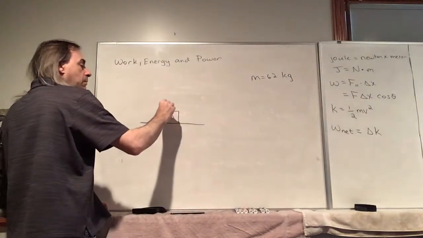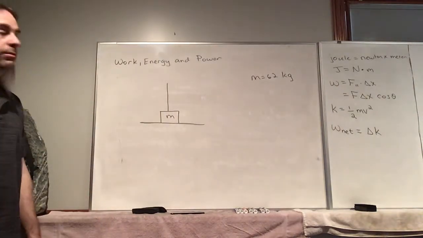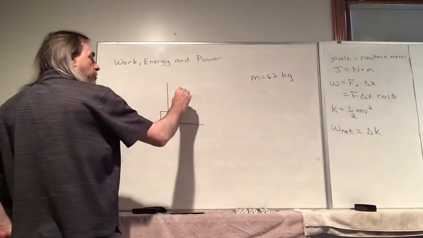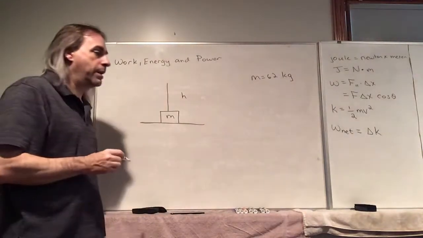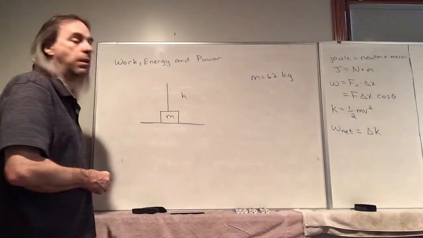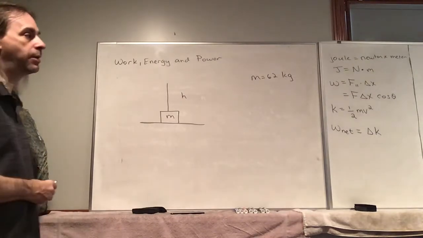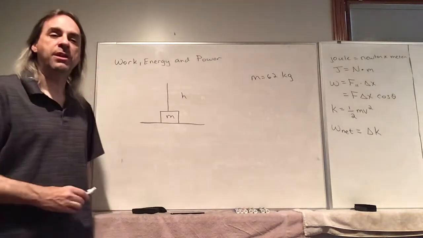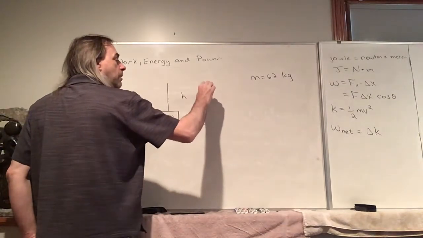So I have a rope, and we just lift it up through a height h. Now let's say we're going to lift this at a constant speed. That's the easiest way to lift it, or at least the most efficient way to do it. So we lift this up with a constant speed.